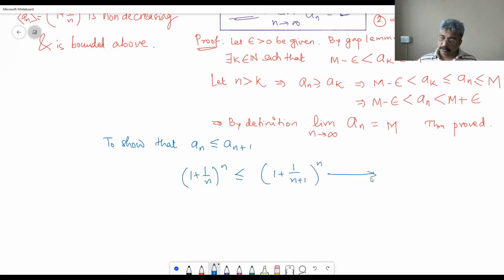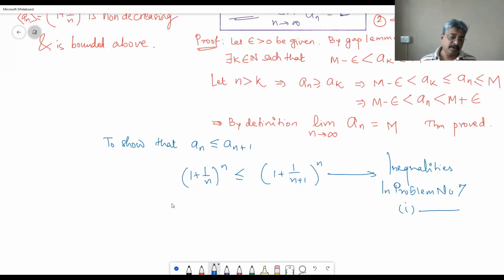If you remember, when we studied inequalities, in problem number 7.1, I had told you at that time that this inequality is important because we will require it in calculus. We had done it at that time, maybe by two methods.